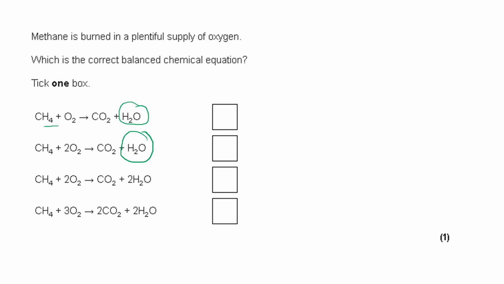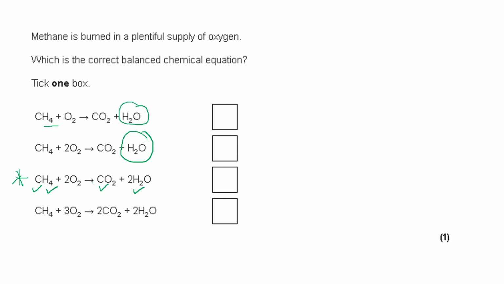Now if we look at the last two, our carbon in this first one here is now balanced out with the right hand side. So we have 1 carbon on the left hand side, 1 carbon on the right hand side. We have 4 hydrogens on the left hand side and 4 hydrogens on the right hand side.